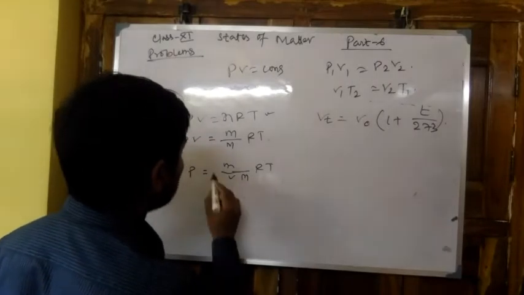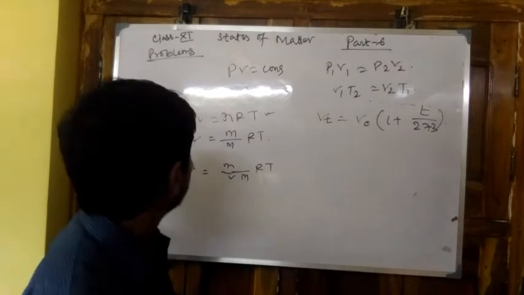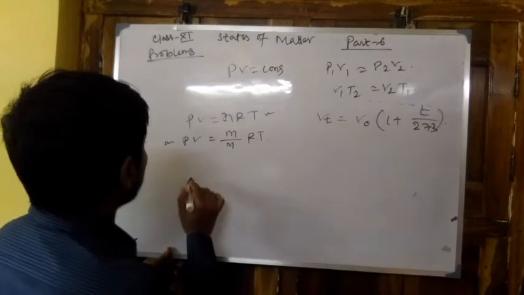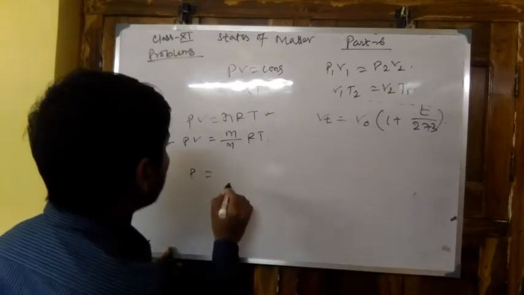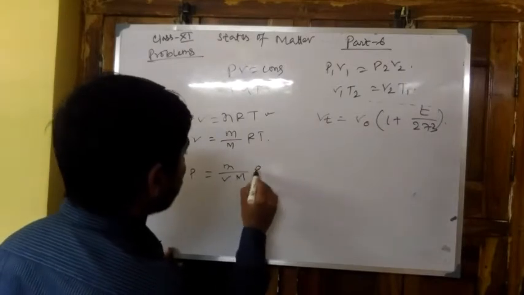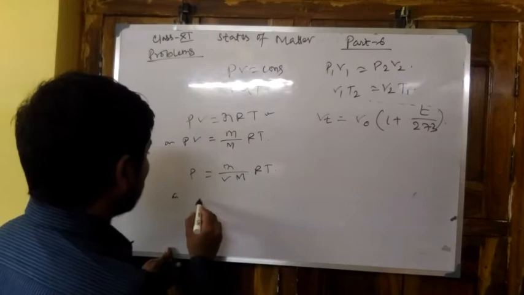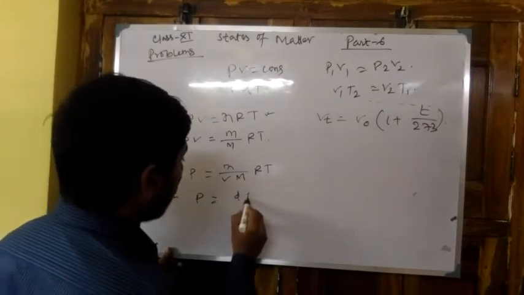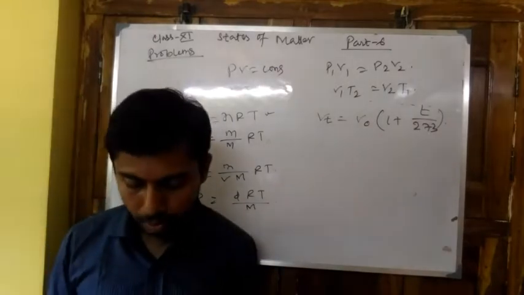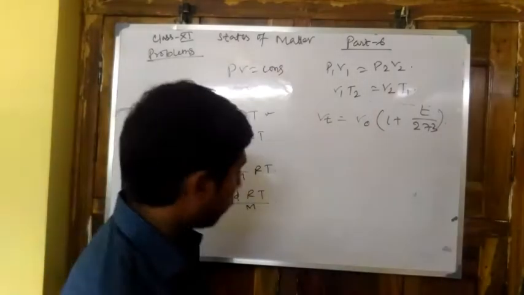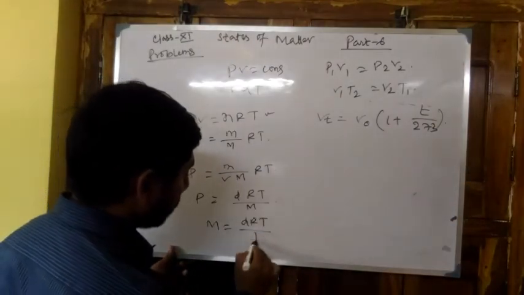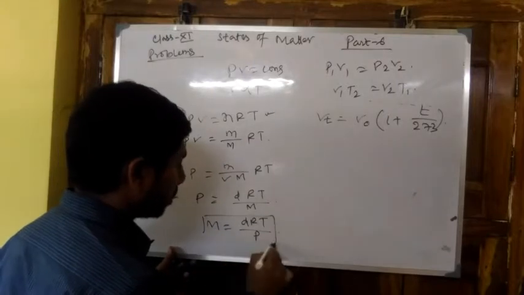So P equals m by V into RT by M, or P equals D RT by M. This is also an equation, and from that M equals D RT by P. So this is an equation.